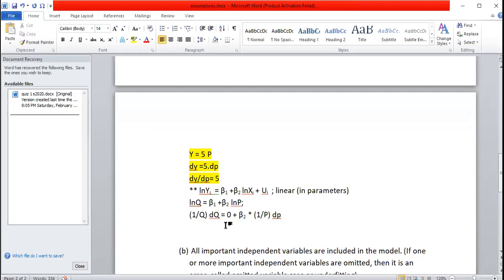Then obviously, if you write dq by q, the left hand side dq by q, is that true? Equals beta 2 multiplied by dp by p.